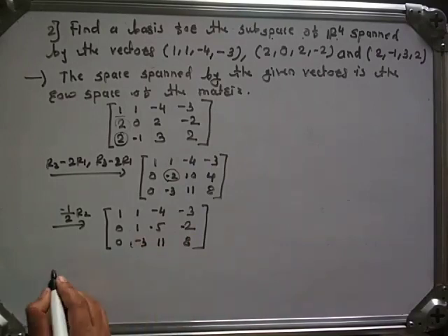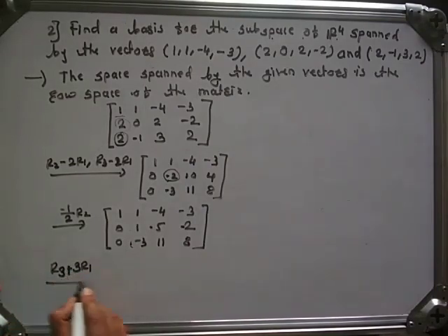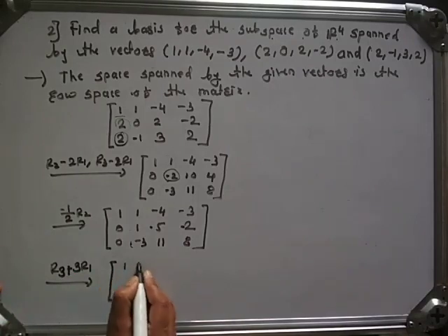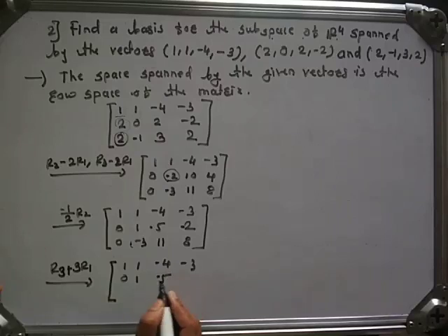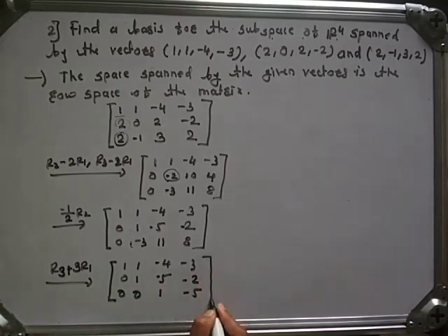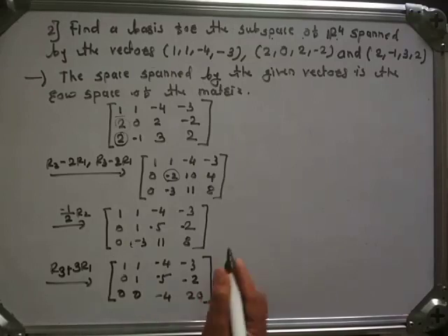Here we require 0, so we will perform the row operation R3 minus 3R1. Not minus, it is plus 3R2. So we will get a matrix 1, 1, minus 4, minus 3; 0, 1, minus 5, minus 2; 0, 0, minus 4 and 20.